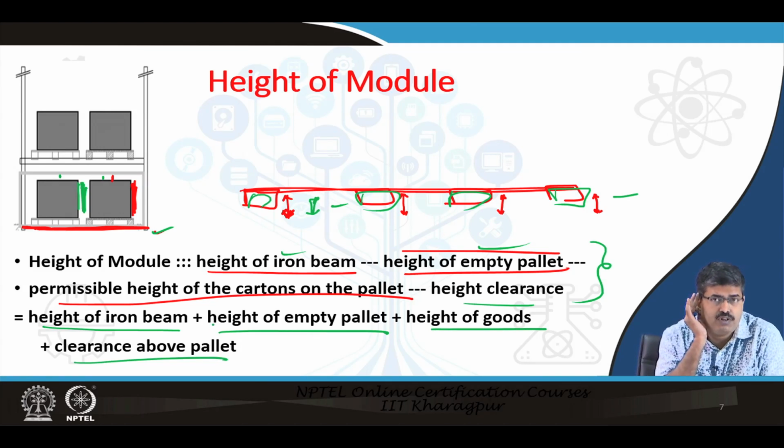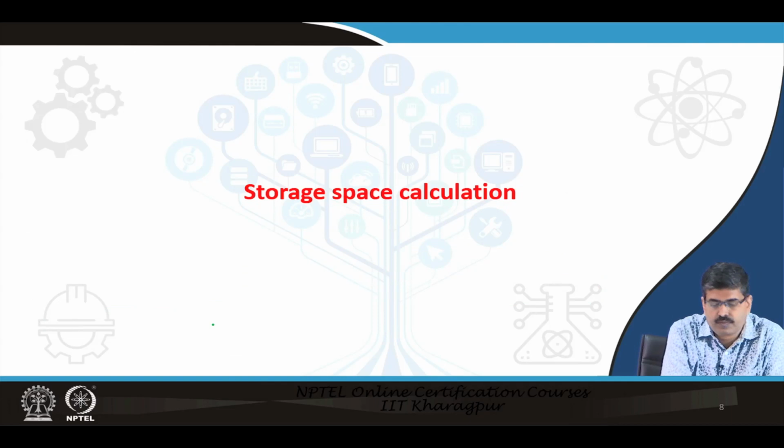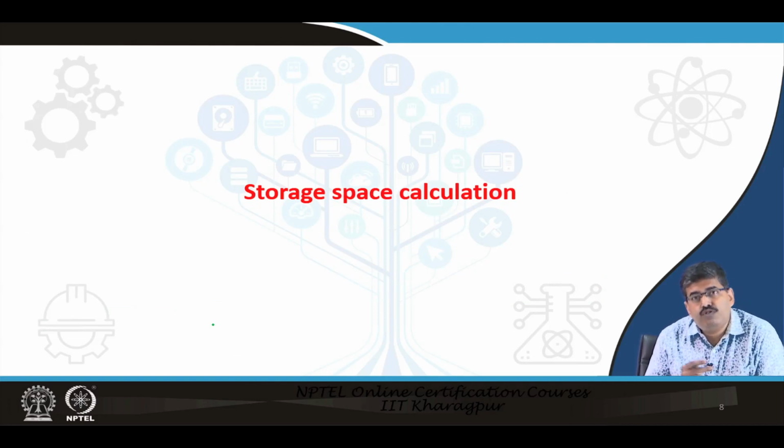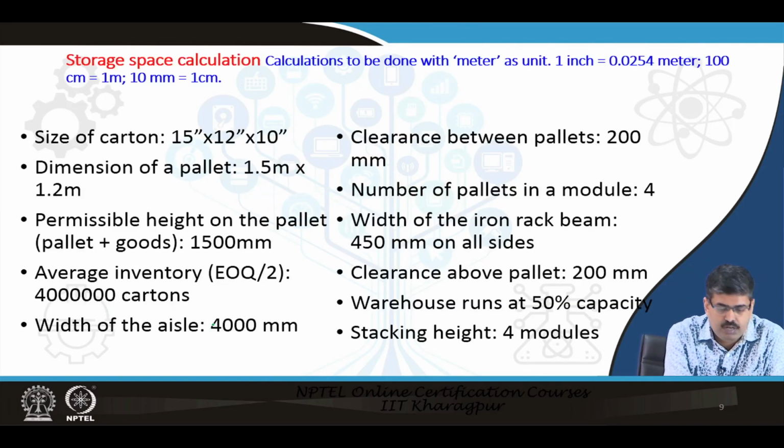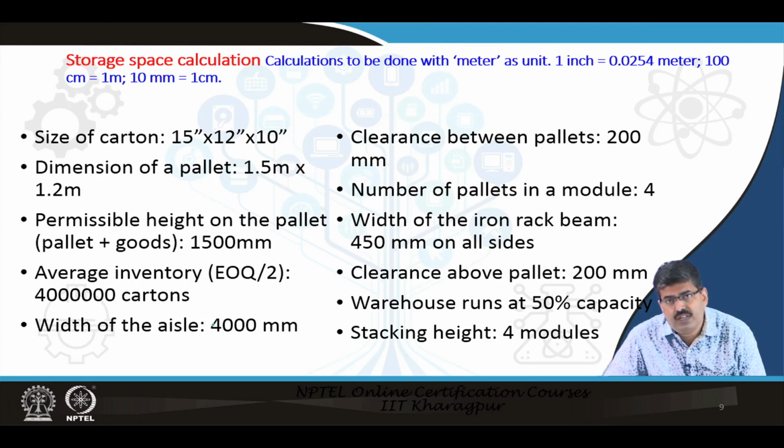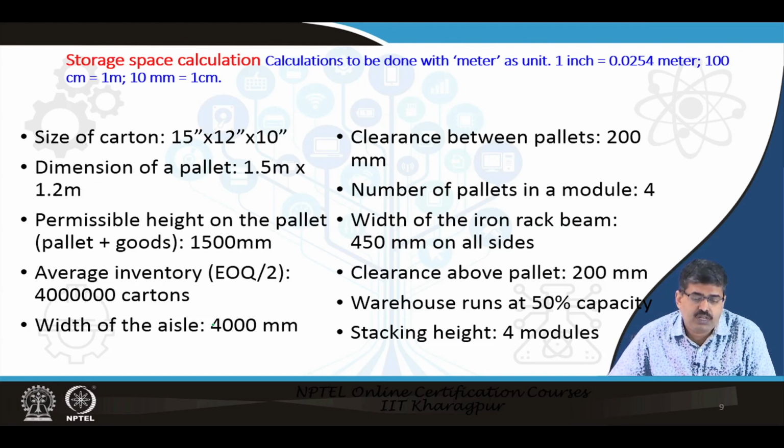Again I request you to pause here for some time and look at the formula. Next we come to storage space calculation. This is self-explanatory, but you can definitely pause, read, go through, again pause and check.